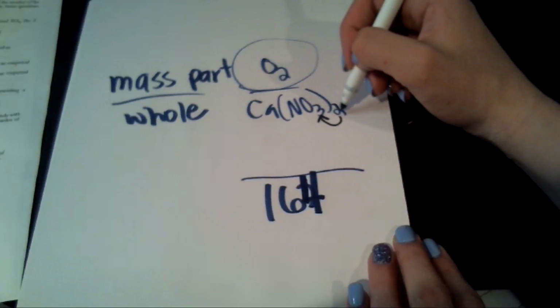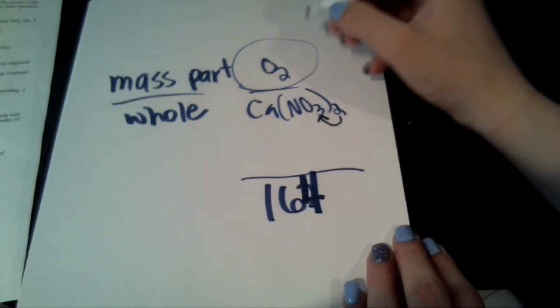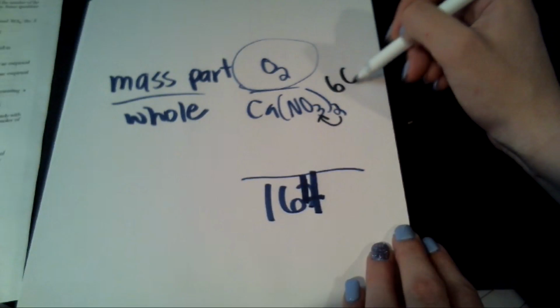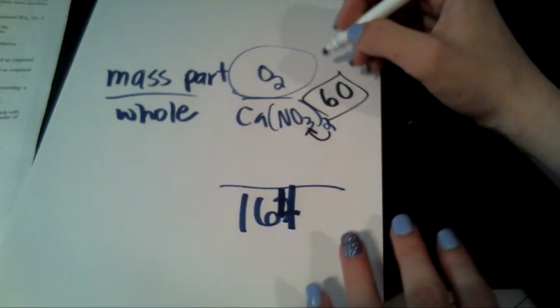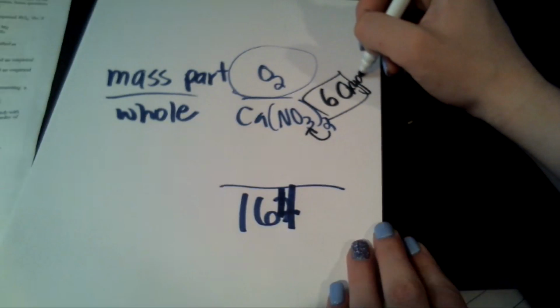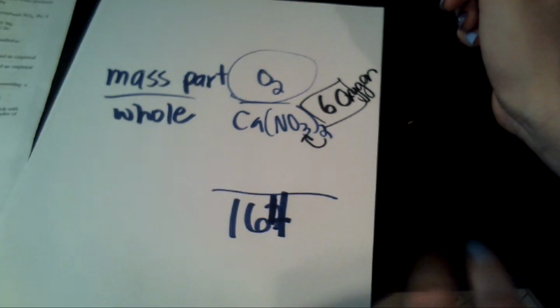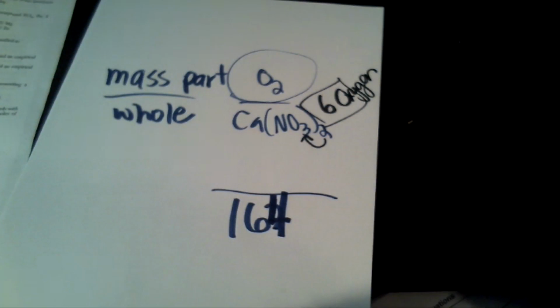Distribute, just like in math. Outside the parentheses, this 2 goes in. 2 times 3 gives me 6 oxygens. That's not a zero, that's an O. I have 6 oxygens.